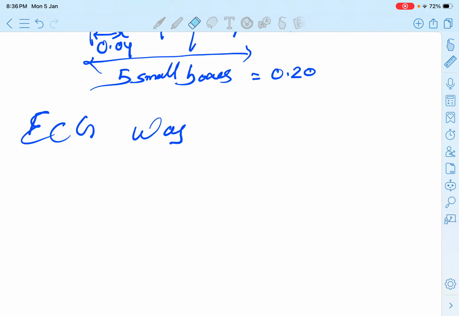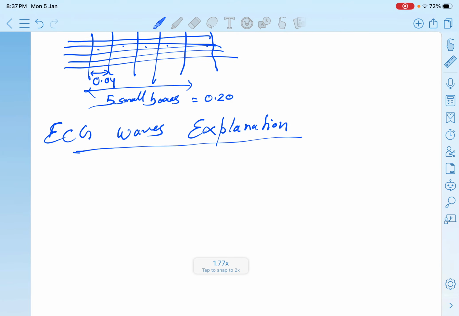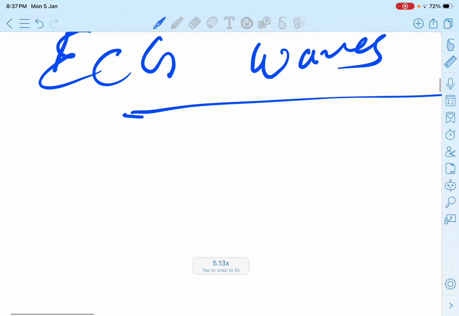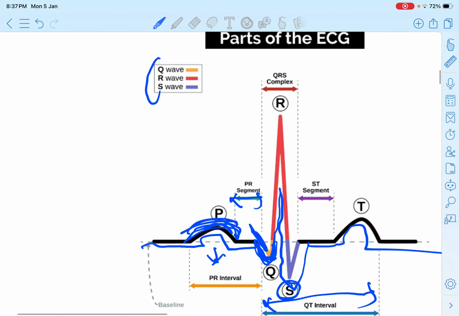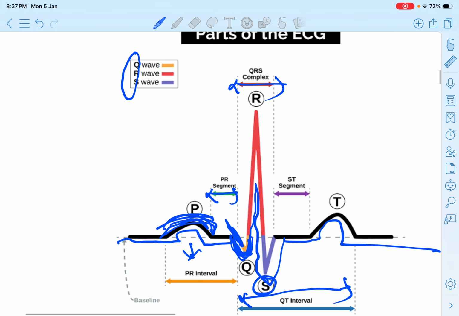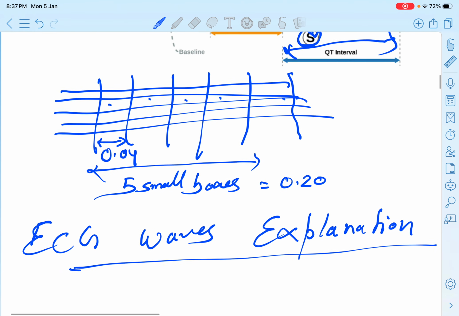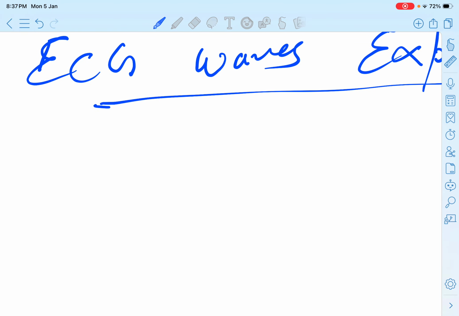ECG waves explanation. We will study here the QRS wave. Here is the QRS wave. It's very simple, my friends. I will tell you all these waves' names.